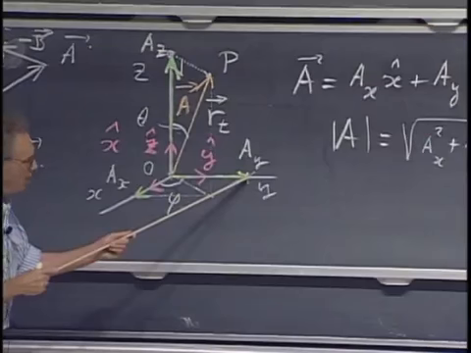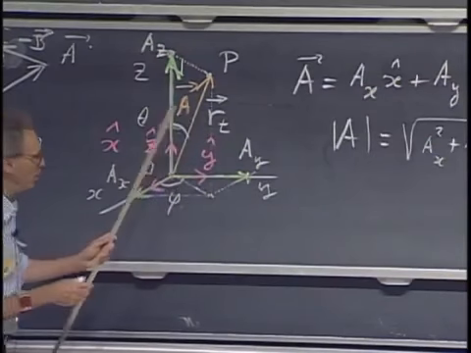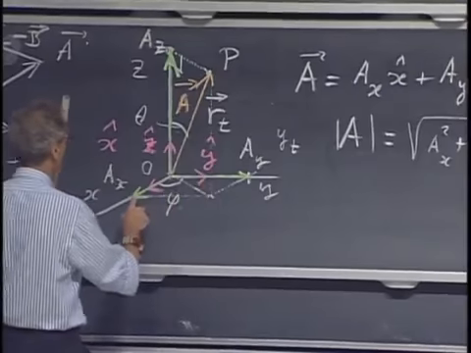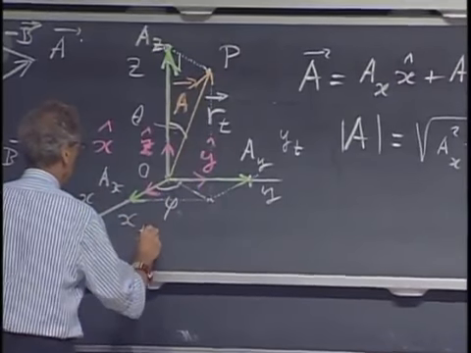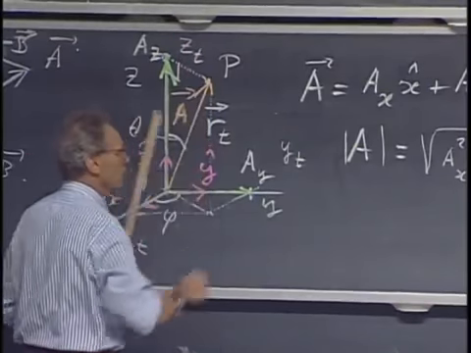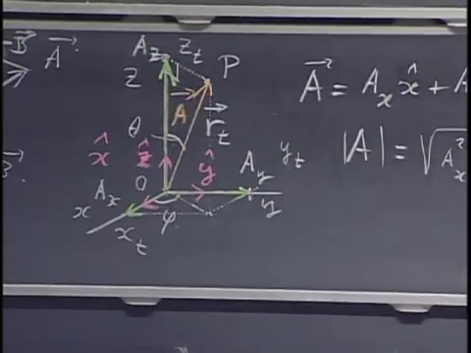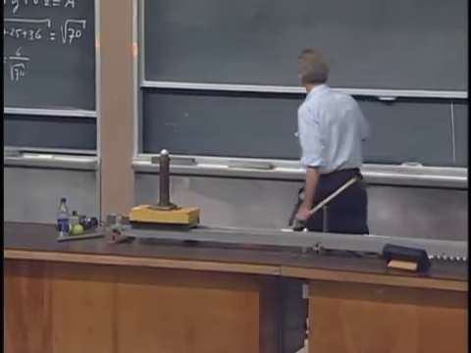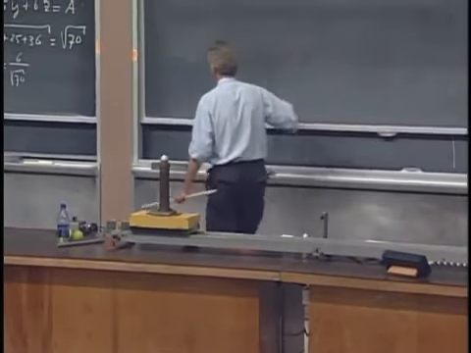I call this location X of T, Y of T, and Z of T. It's going to change with time, because point P is going to move. And so I'm going to write down the vector R in its most general form.